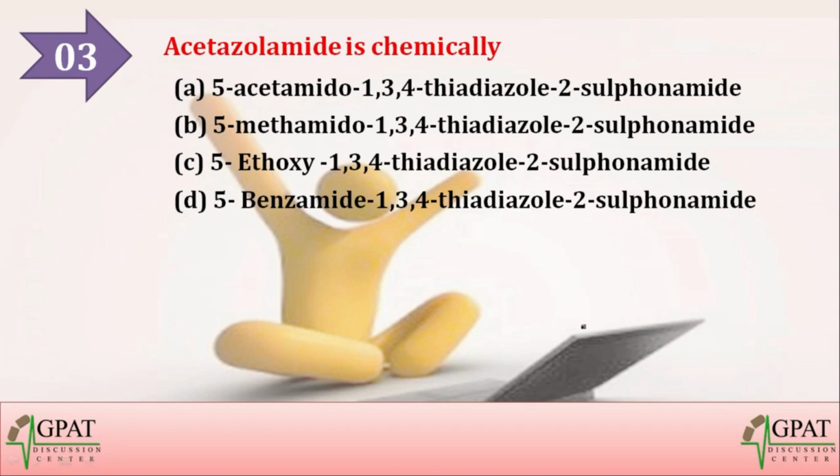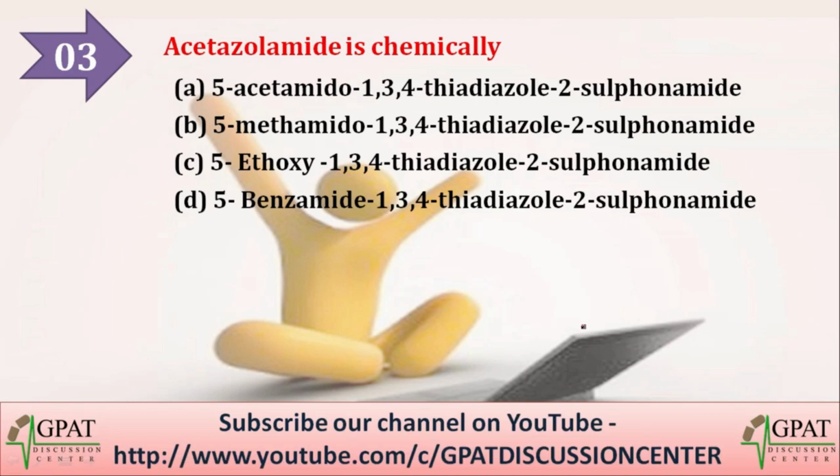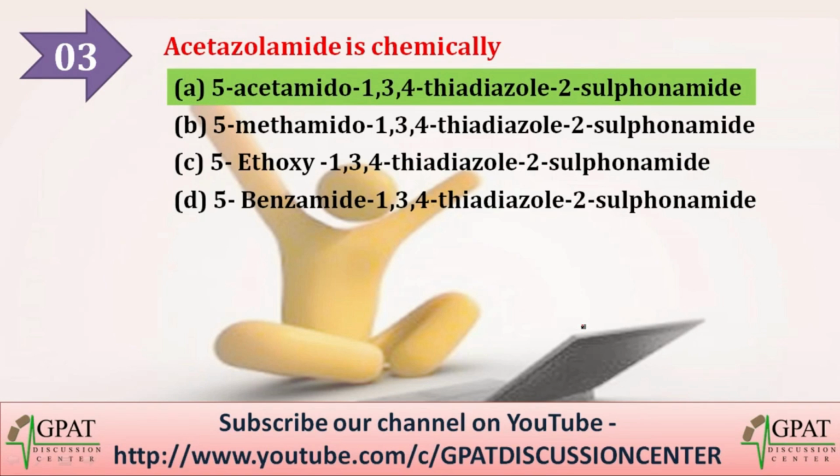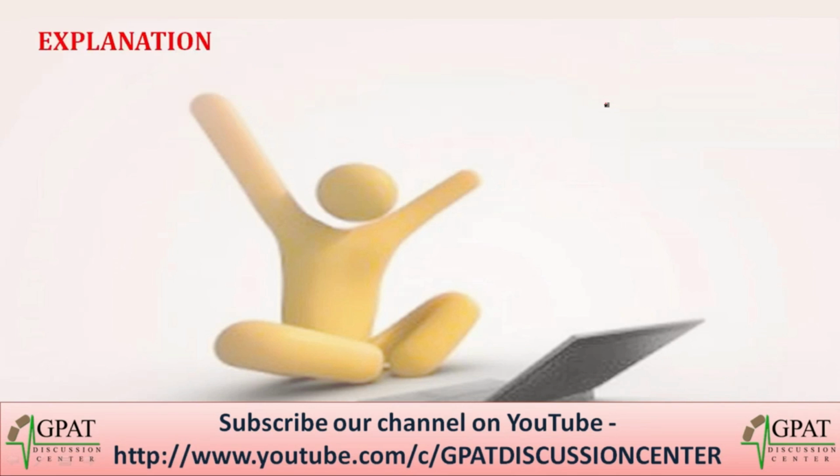So the correct answer is acetazolamide is chemically 5-acetamido 1,3,4 thiodiazole 2-sulfonamide. So let's discuss in the explanation part.